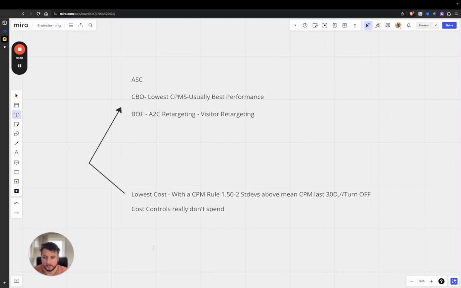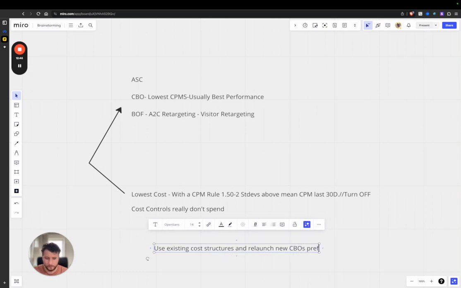So again, the SOP is typically: use existing cost structures and relaunch new CBOs preferably.